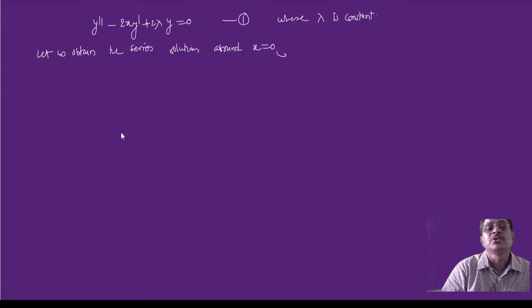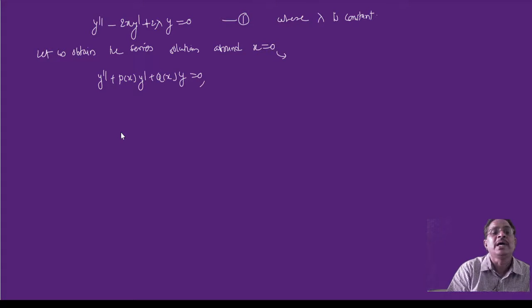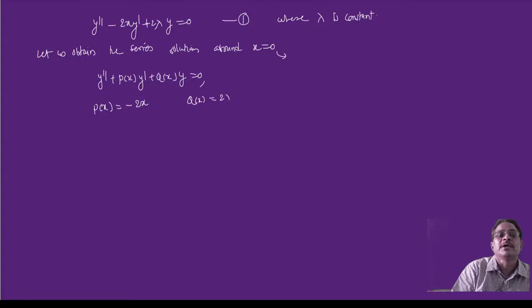Now I have to check its singularity. Comparing with my standard differential equation y double dash plus p of x y dash plus q of x y is equal to 0, I can very easily find p of x is equal to minus twice x and q of x is equal to twice lambda.